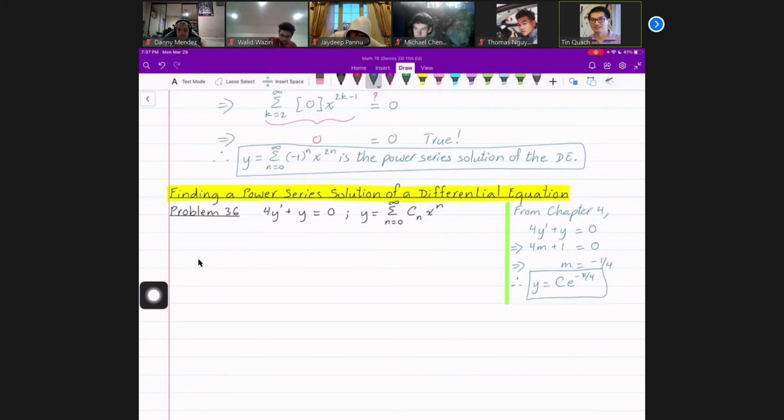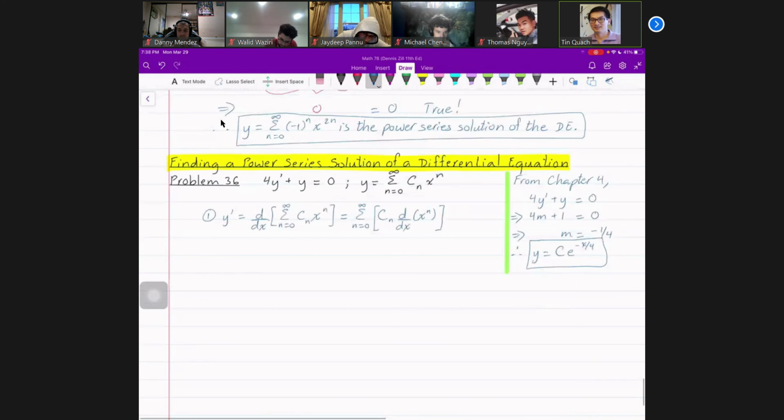So the first step is to get y prime. y prime is the derivative of this series, so that is just the series of c sub n multiplied by the derivative of x to the n, which is n x to the n minus 1.